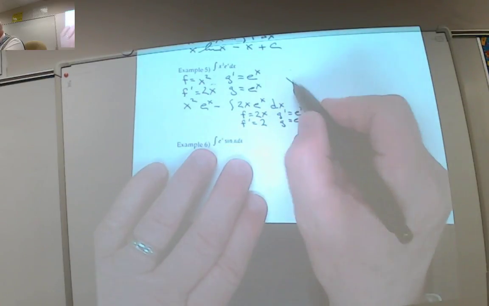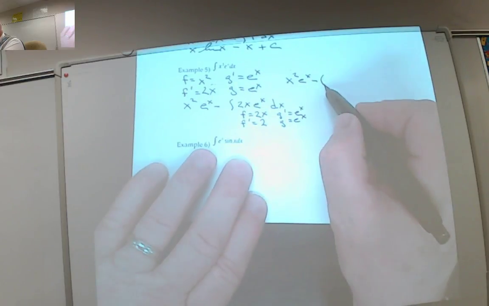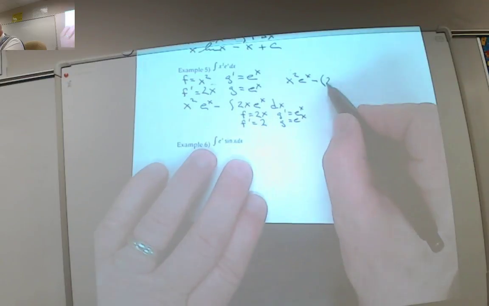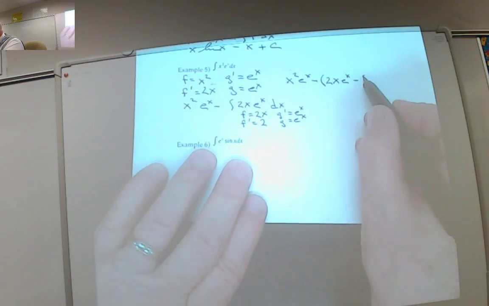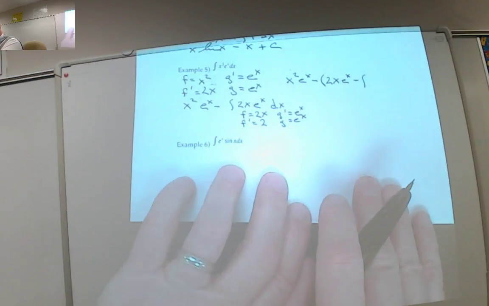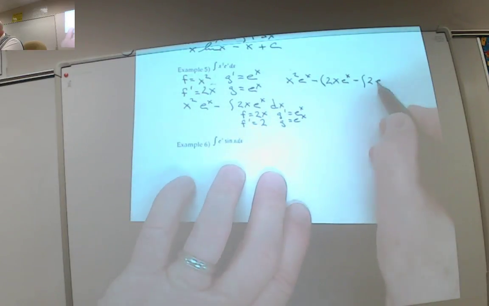I have x squared e to the x minus parentheses f times g, which is 2x e to the x, minus what? The integral of what? 2 e to the x.